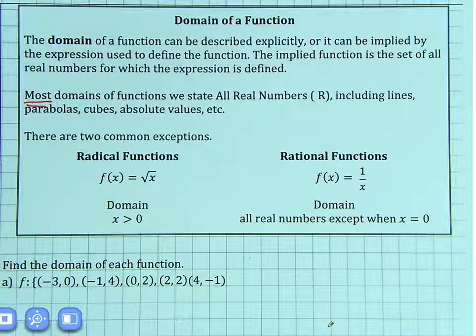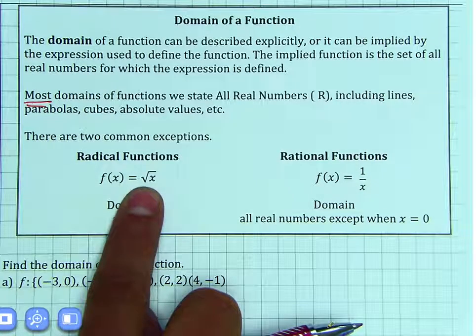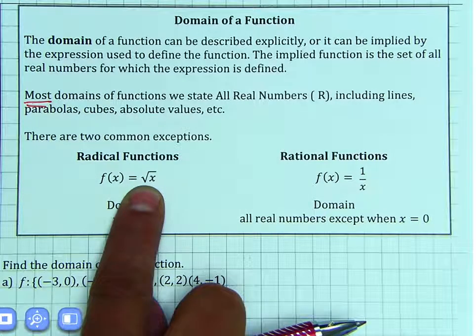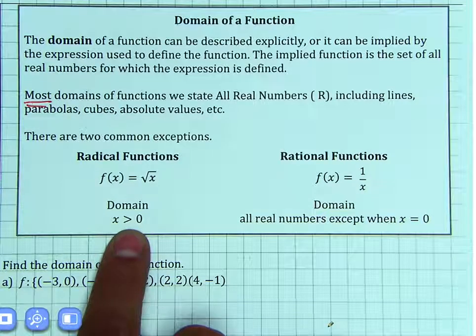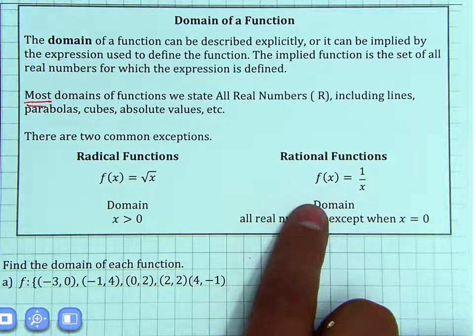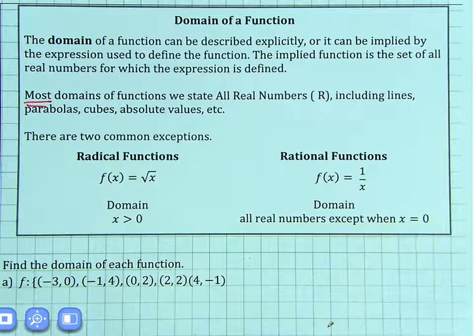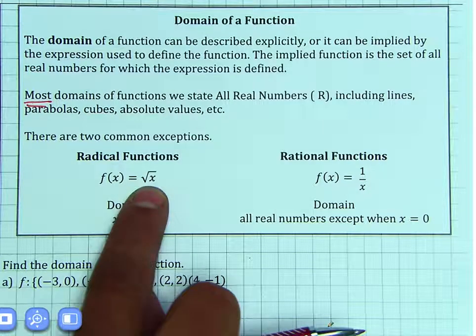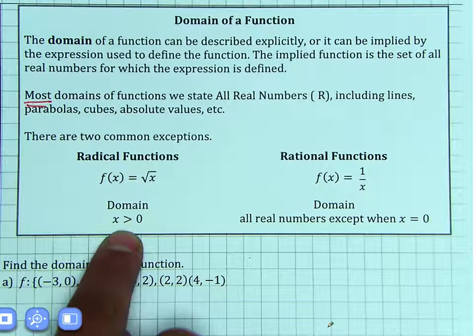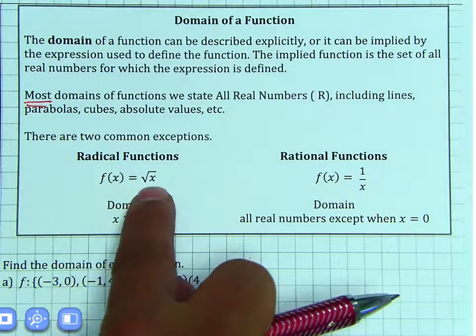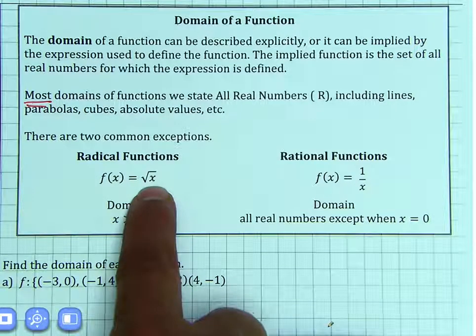There are two common exceptions. The square root of x, whose domain will be all the numbers that are greater than or equal to 0, and rational functions, whose domain will be all real numbers except for x equal to 0. Now be careful, because the domain x greater than 0 only applies when there's only an x inside the square root.